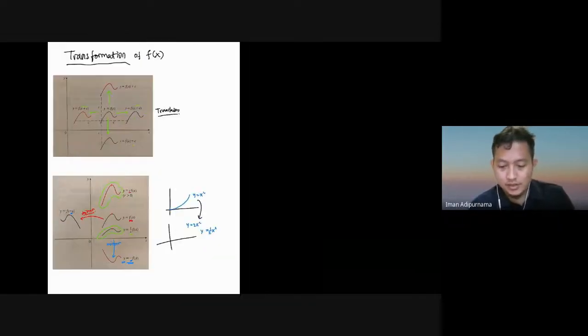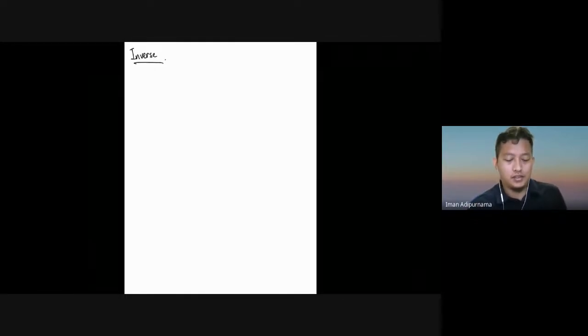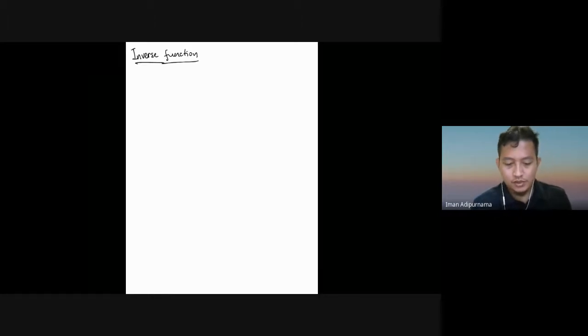All right, that's transformations. The next thing is the inverse. What is inverse? So, inverse function. Let me zoom in.